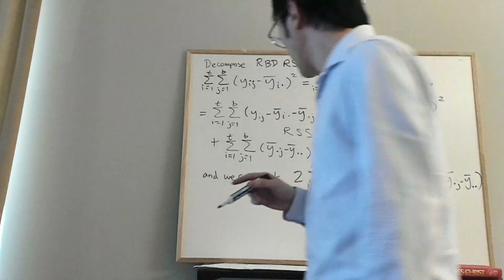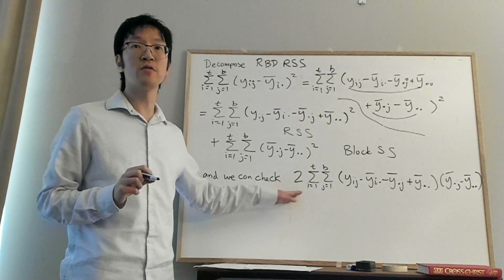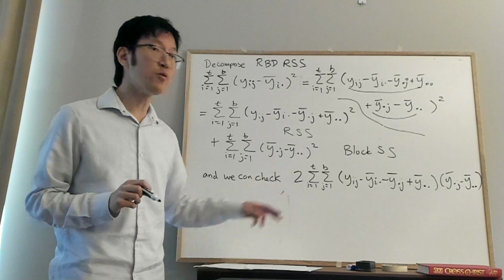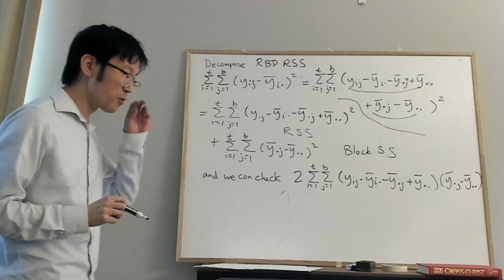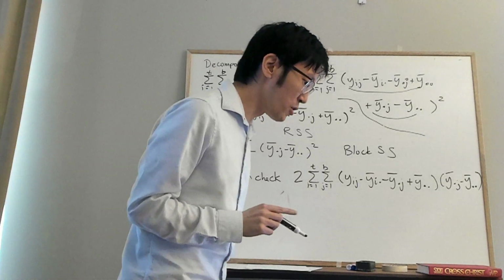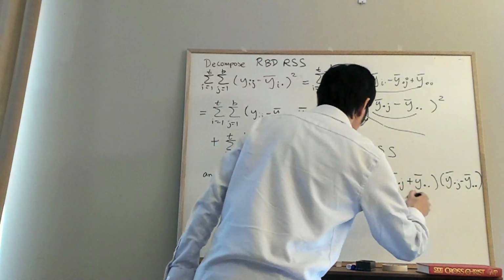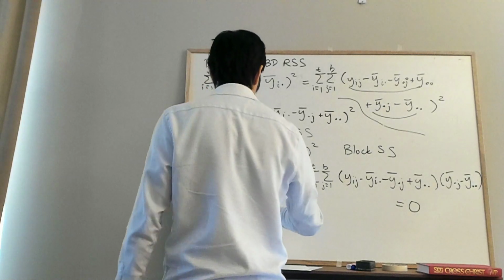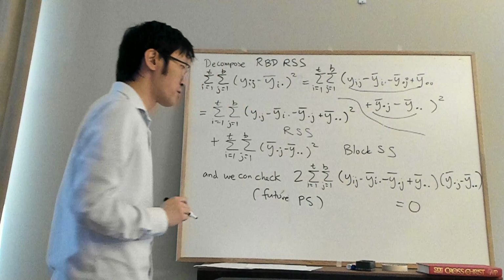That's not a particularly interesting calculation, so I won't do it here, but I will put this on a practice problem set to guide you through how to check. It's really a matter of working through this double summation. We have to check that this equals 0. So this will be in a future practice set, where I will walk you through this calculation.